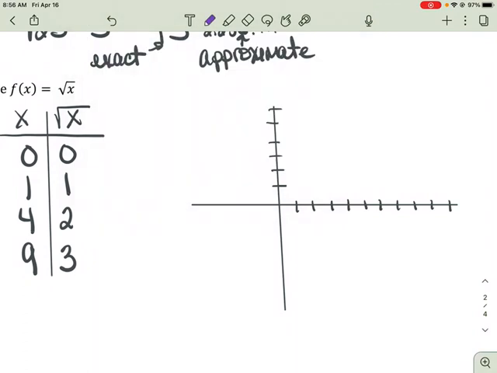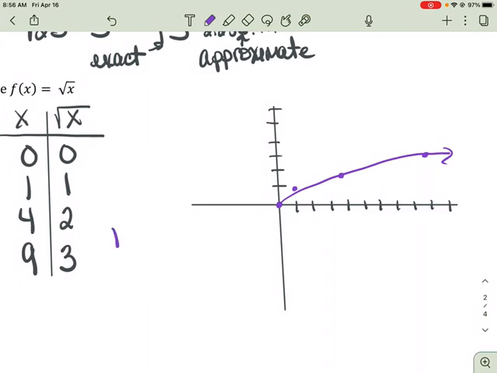Notice I'm only doing positive numbers. See, I can't do this without a grid. No, it is not straight. It's like a curve.